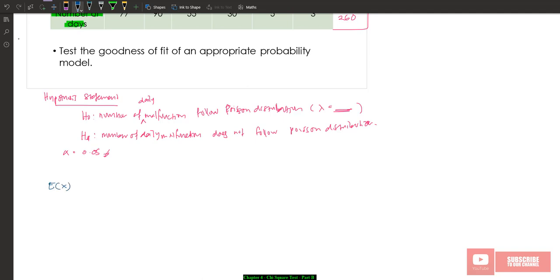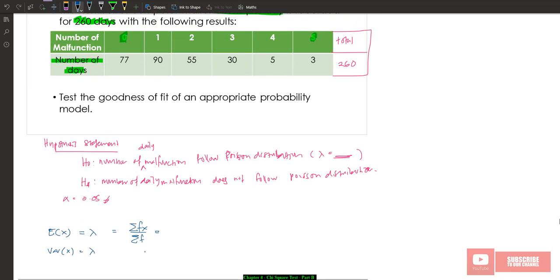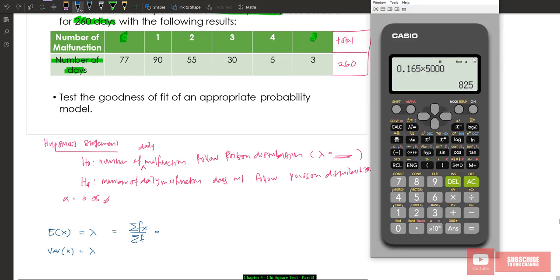The expected value of x is our lambda, and the variance of x is also lambda if the distribution is a Poisson distribution. By definition this is the summation of fx over the summation of f. So this is our mean, and we need to calculate it manually using the calculator, with the same steps again.